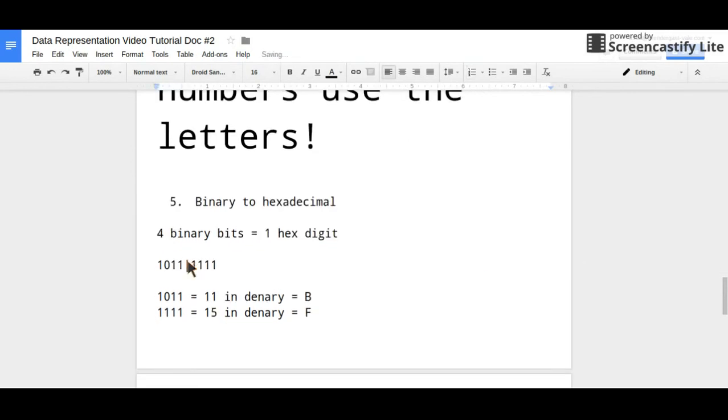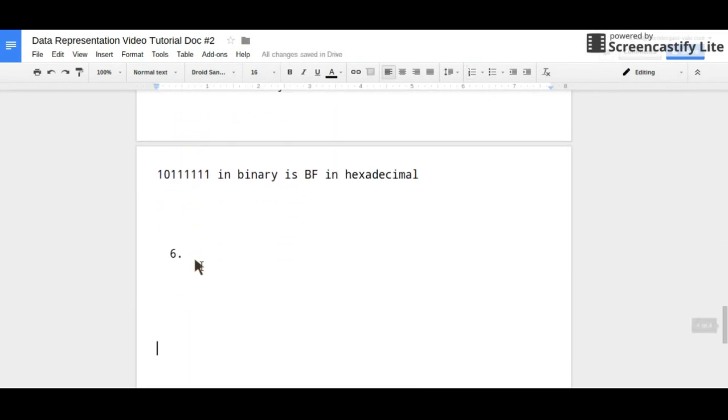Again, it's really easy. Each hex digit is just worth 4 bits. You won't get this in the exam, but if for example we had a big hexadecimal number like F7A2, all I have to do is convert each digit, so F, then 7, then A, then 2, into 4 bits.